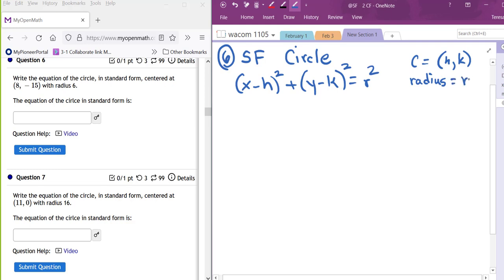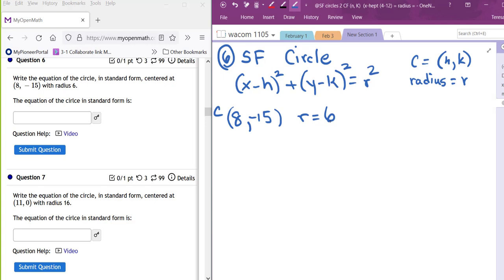All right, so for problem 6, they gave us the center. So they gave us 8, -15 for the center and a radius of 6. So they would like us to plug in and give this formula, standard formula. So we'll plug in the x coordinate into the h.